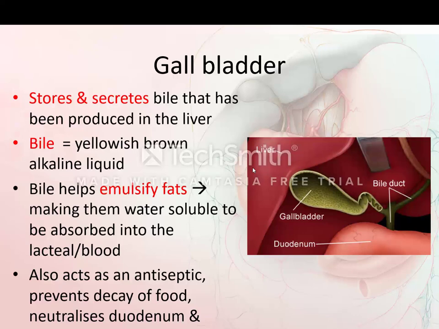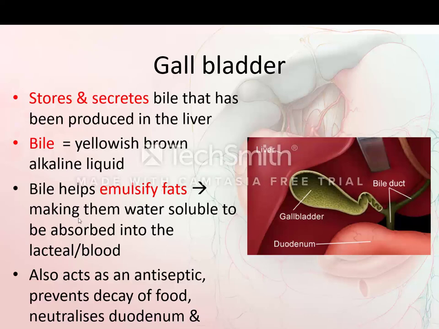There are certain nutrients in lipids that we need. We do need a small amount of fat in our diet. So bile will break down those fats so that digestion can happen, so that we can get the necessary nutrients from those lipids. So I need you to know that bile's function is to emulsify fats.